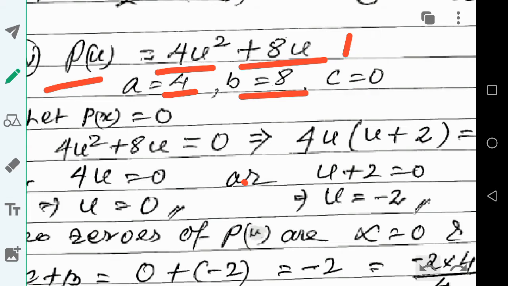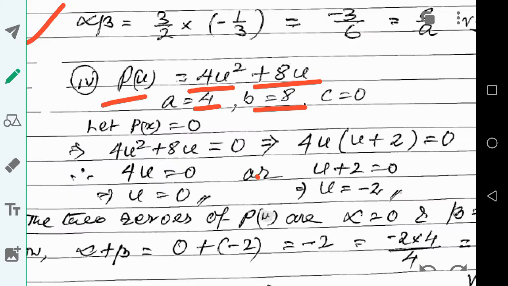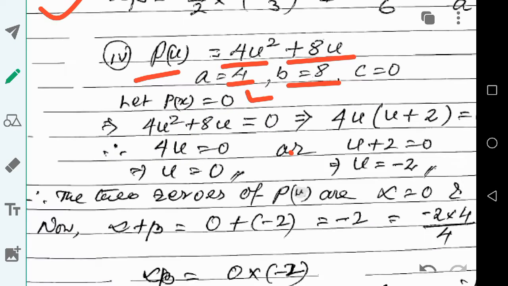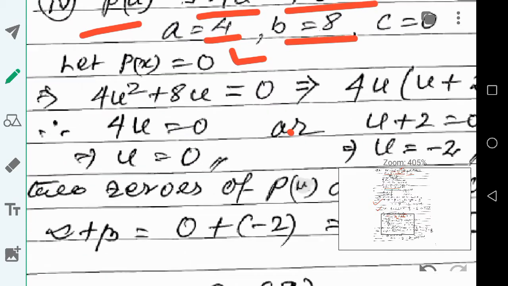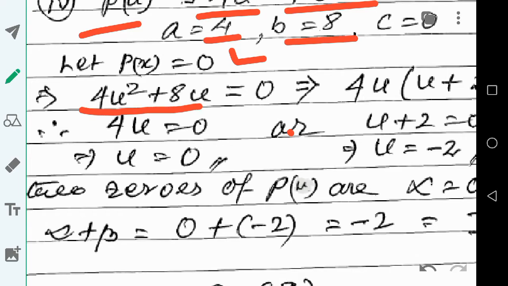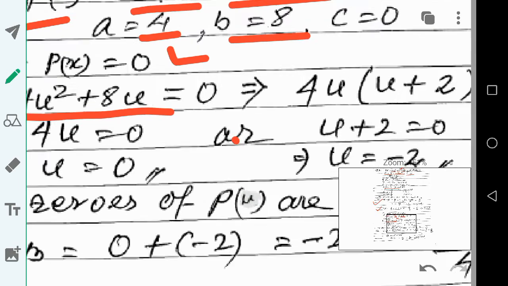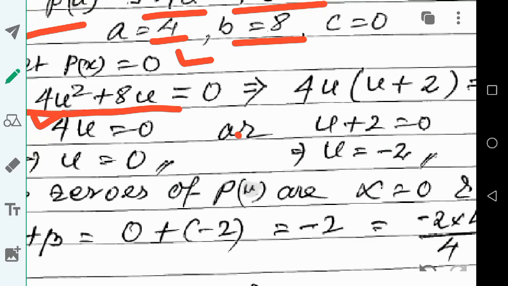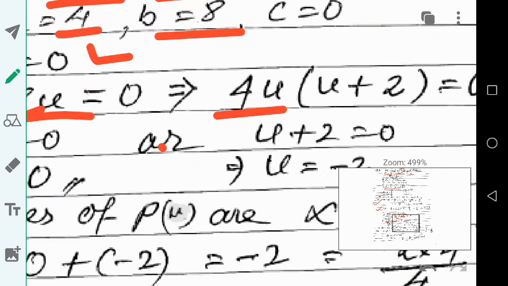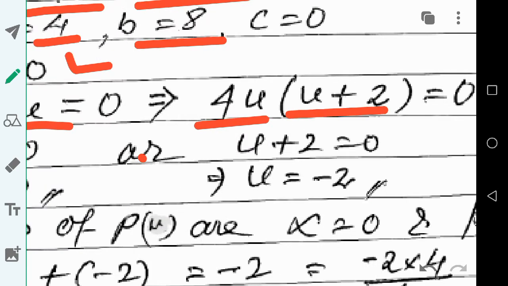We have to consider that it must be 0. In order to obtain the zeros, we consider p(u) is equal to 0, which implies 4u square plus 8u is equal to 0, and from these two terms we can take 4u common. On taking 4u common, we have got u plus 2.